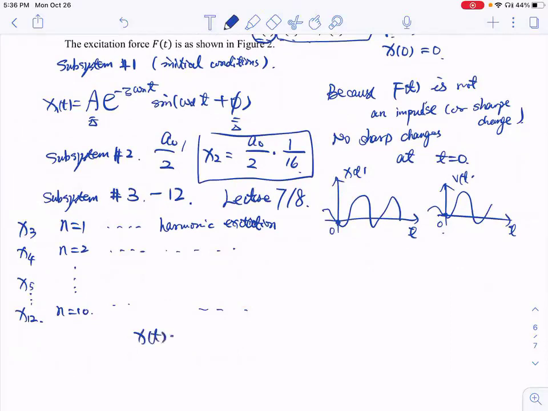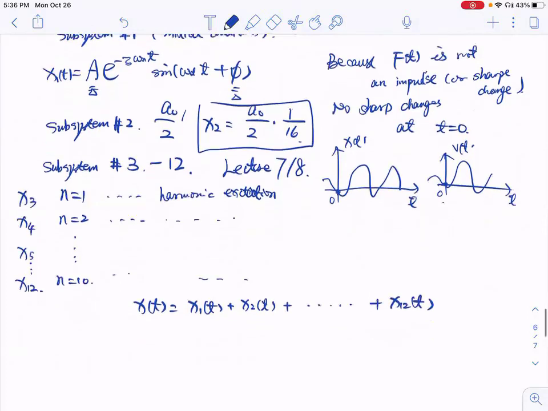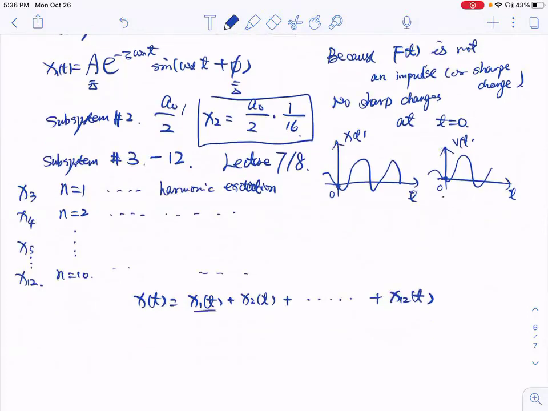Eventually, your solution is just x1 plus x2 plus all the way to x12. That's why for this kind of problem, you want to use MATLAB. Otherwise, you have to do this all manually. And remember, the A and the phi in your x1 are still unknowns. What you need to do is plug in x at time 0 equal to x naught, and v at time 0 equal to v naught.